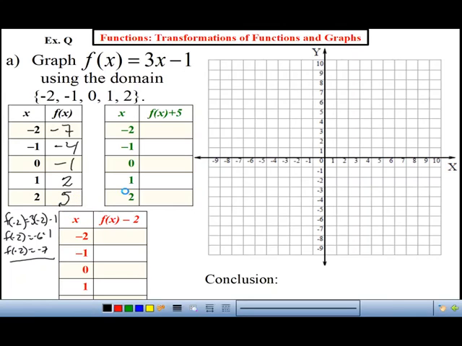Let's plot that. -2, -7. -1, -4. 0, -1. 1, 2. 2, 5.